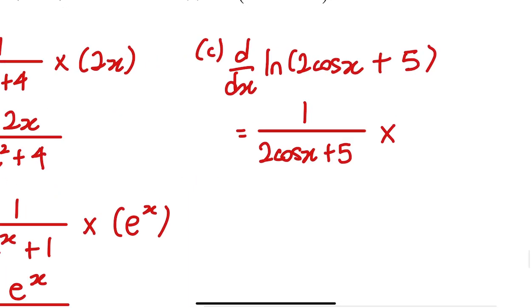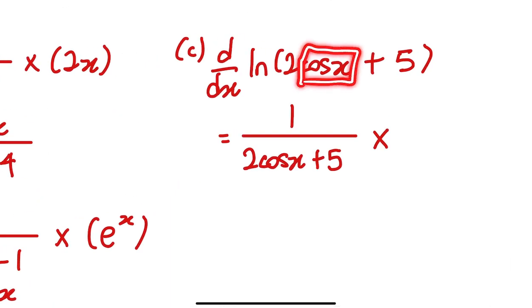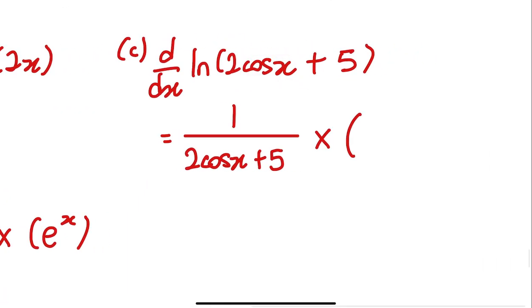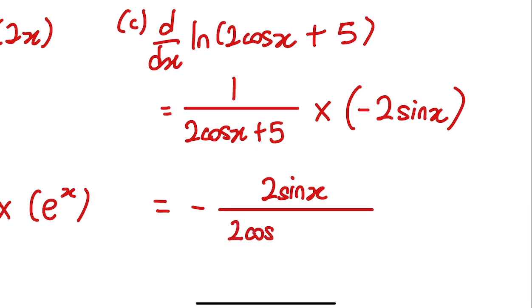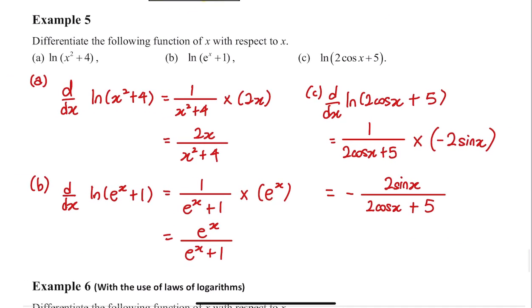Recall that differentiating cosine x will give me negative sine x. So this will be equals to times negative 2 sine x. Therefore my final answer is simply negative 2 sine x over 2 cosine x plus 5. And these are the solutions for example 5.